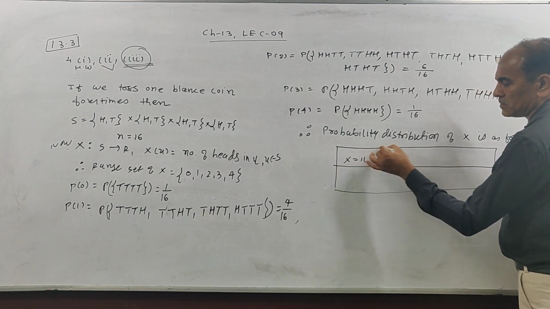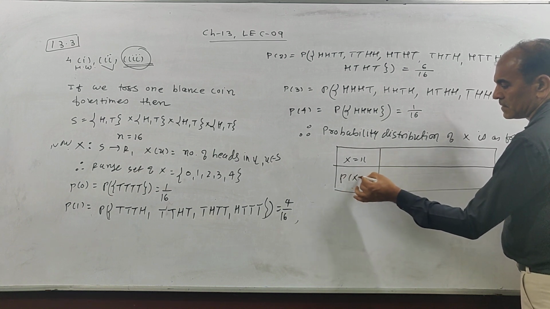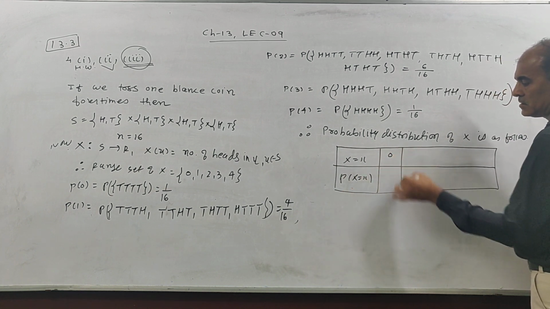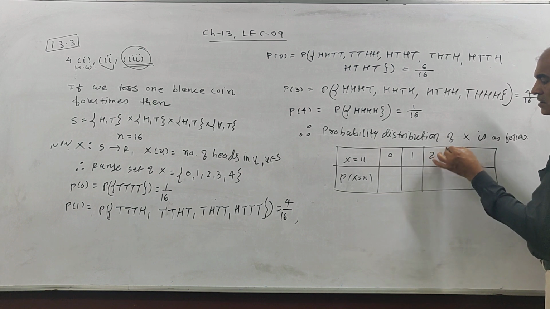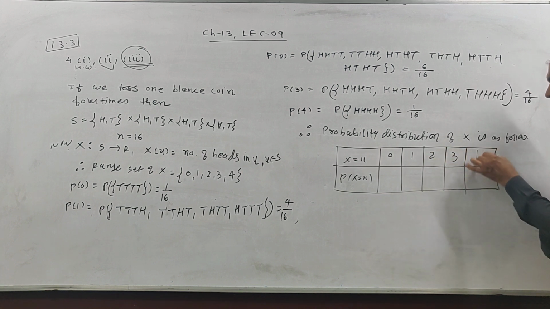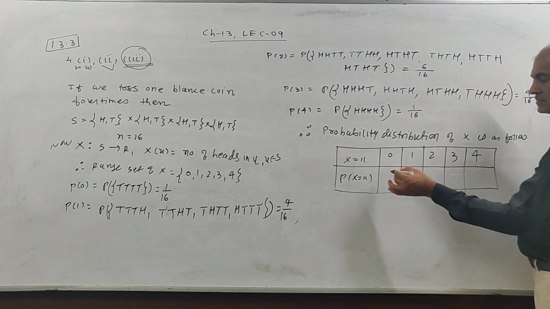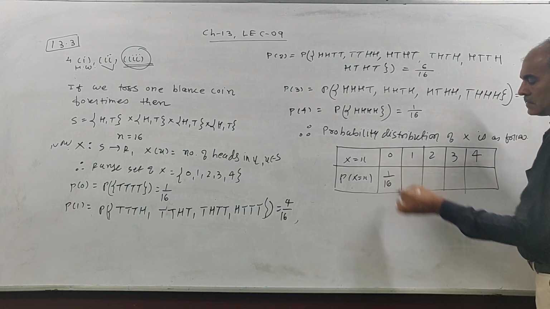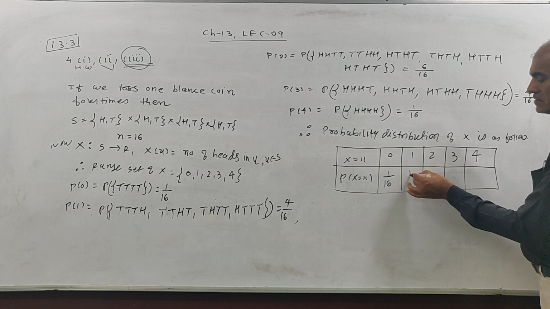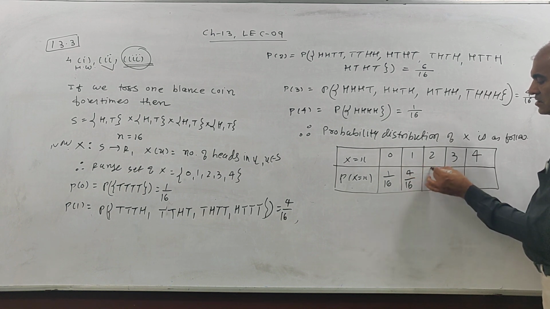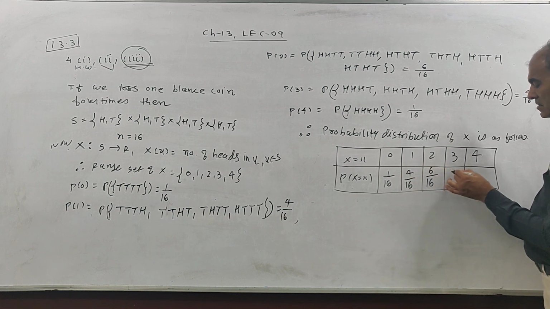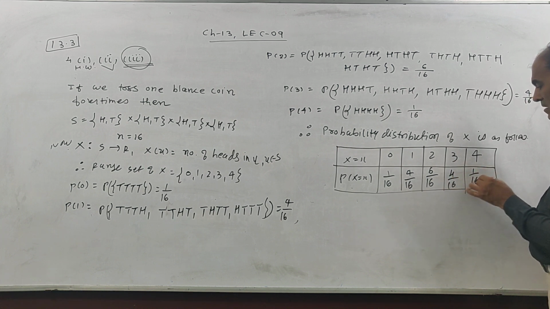X is equal to x, P of X equal to x: 0, 1, 2, 3, 4 heads; 1 by 16, 4 by 16, 6 by 16, 4 by 16, 1 by 16.